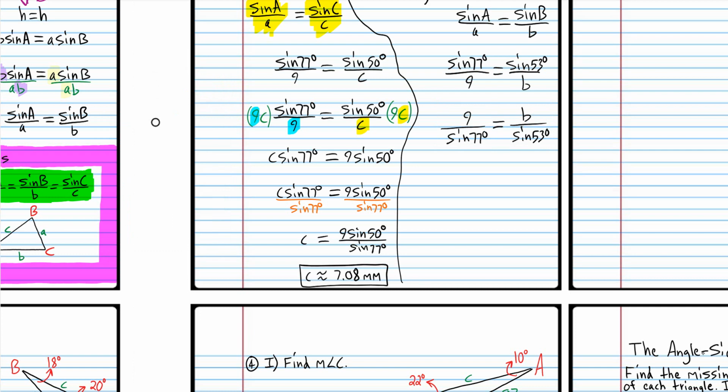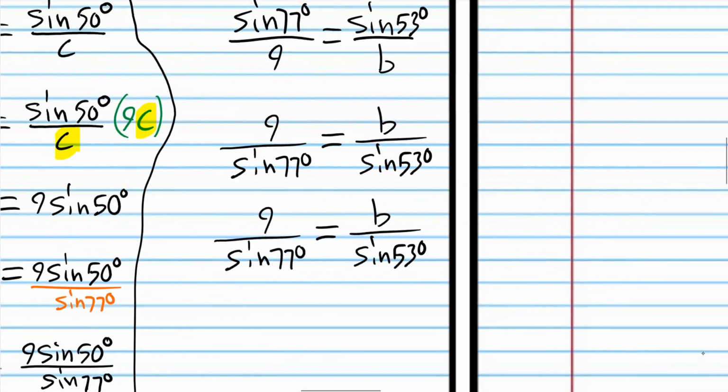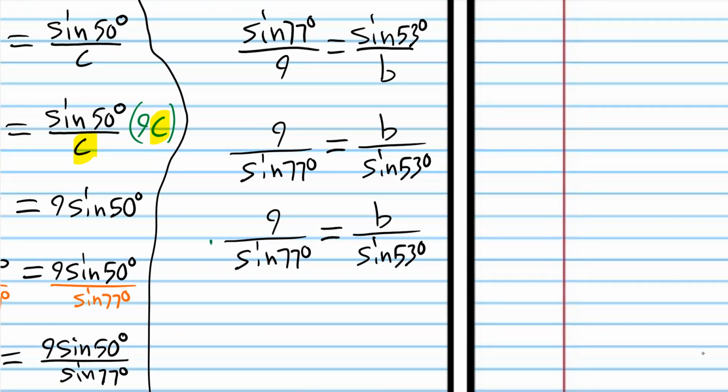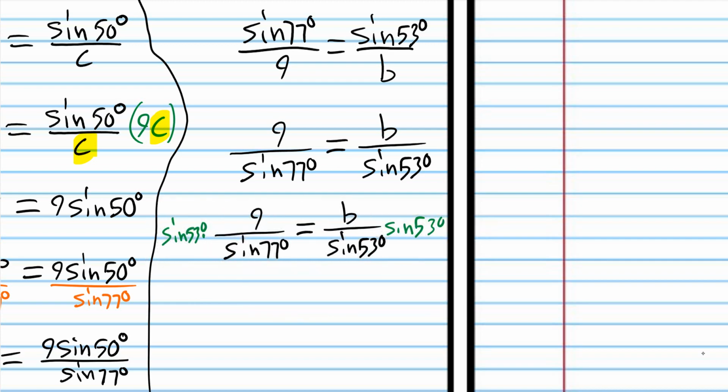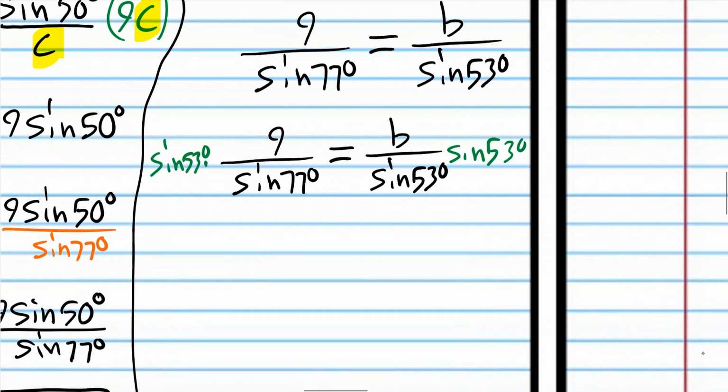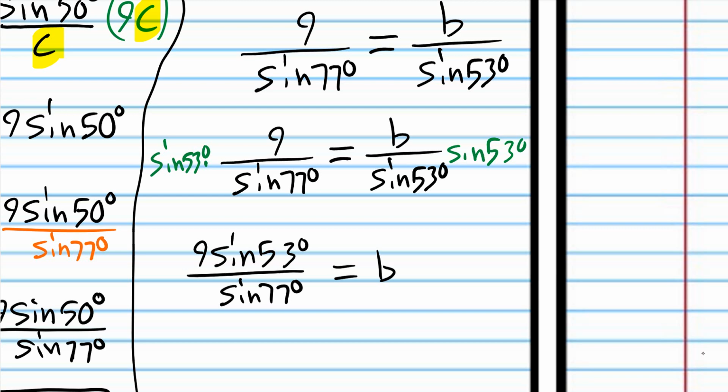So I'm going to copy that equation, and I'm going to multiply both sides by sine 53 degrees. So let me shrink this a little bit. So these sine 53s cancel out, and we're left with b is equal to 9 times sine 53 over sine 77 degrees.